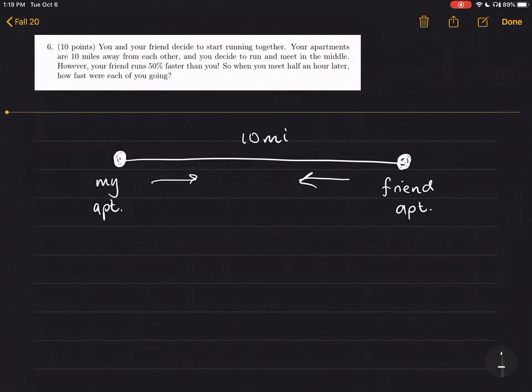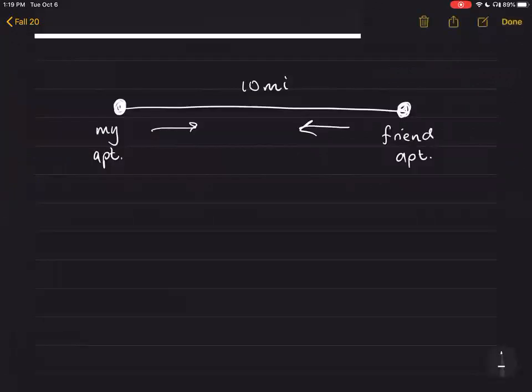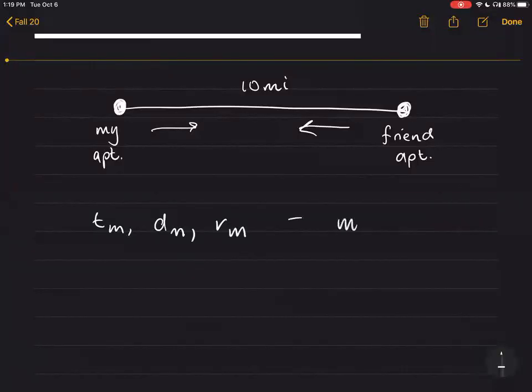So there's a bunch of different things. I'm going to do T sub m for my time, D sub m for my distance, and R sub m for my rate. So these are mine. And then I'm going to do sub f, where that's from friend.